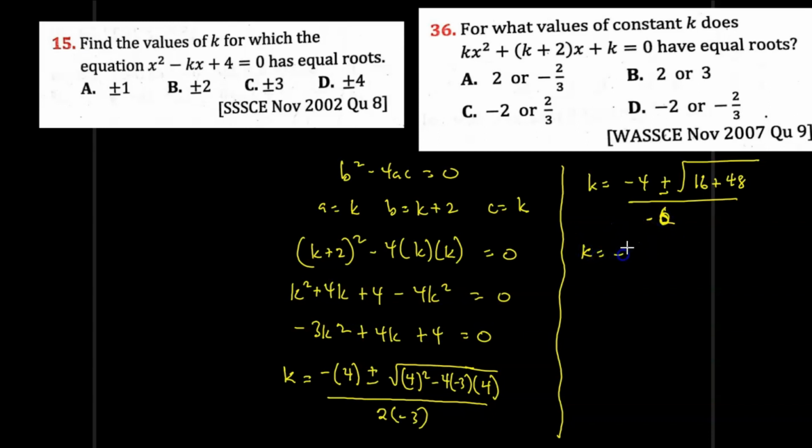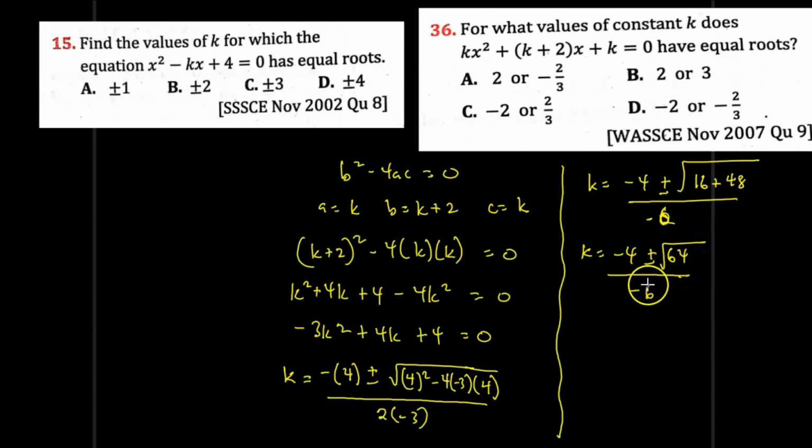So k will be equal to minus 4 plus or minus the square root of 16 plus 48, which is 64, all divided by negative 6.